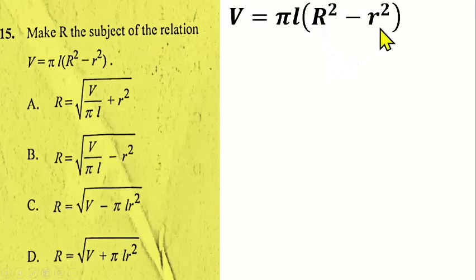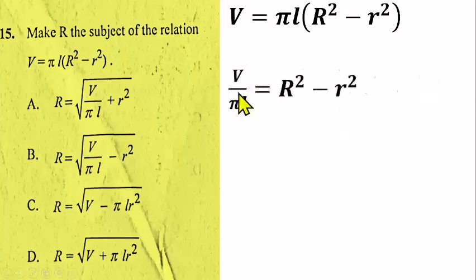the subject of the formula. What can we do? The first thing is to get rid of this pi L, by dividing both sides by pi L. So you'll be having V over pi L equals R squared minus r squared. Our aim is to make R the subject of the formula, so that we can take this minus r squared to this side.